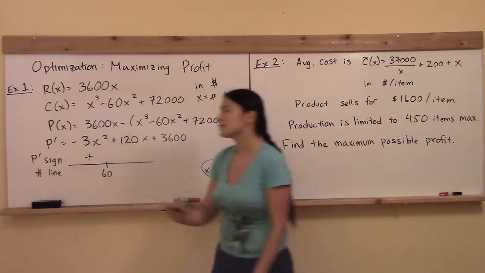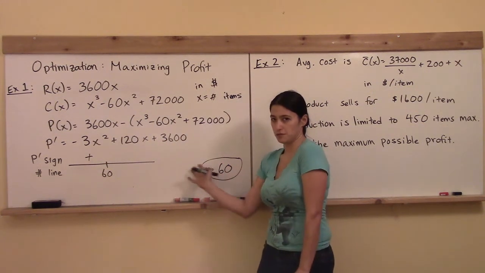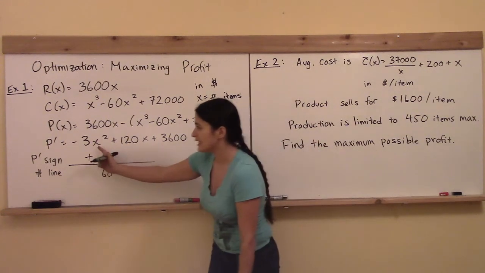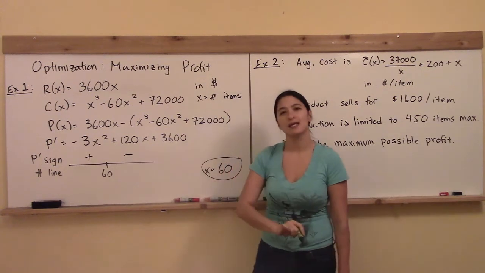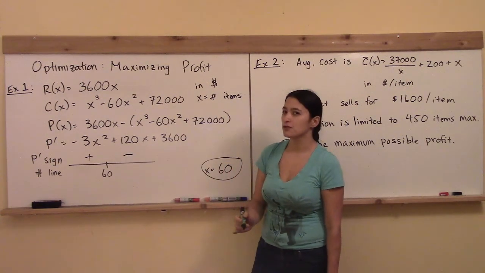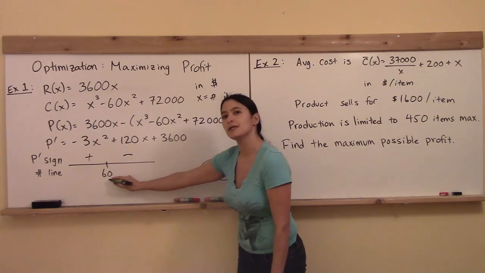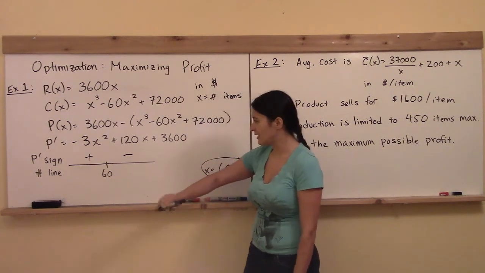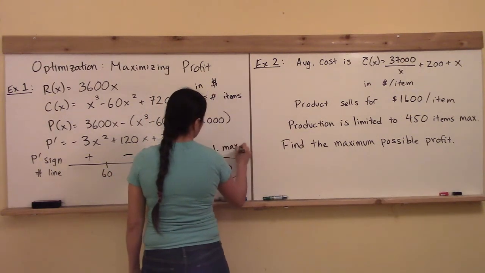So that means it's always plus. And if I test point over here, x equals like 150 zillion, you can see that this negative quadratic term is going to take over. So those are all going to be negatively signed. And so the first derivative test allows me to conclude that my function was rising, hit a peak, and then started decreasing again. And so that means x equals 60 is going to be my relative max.